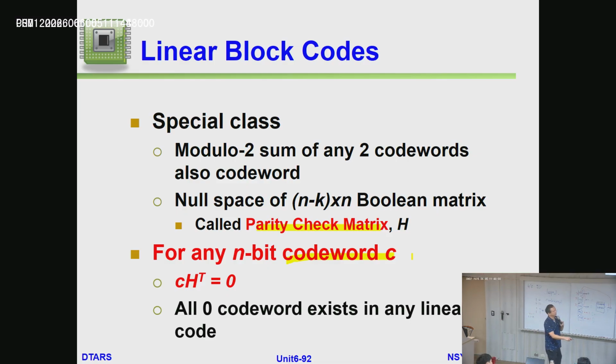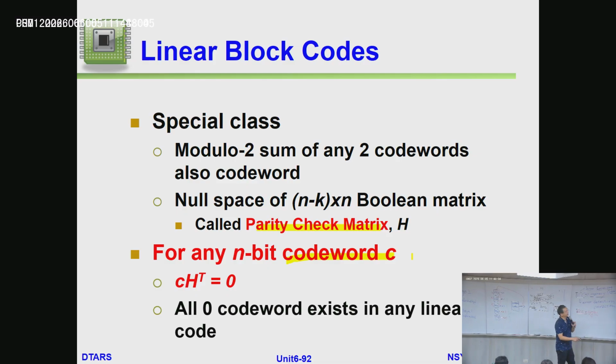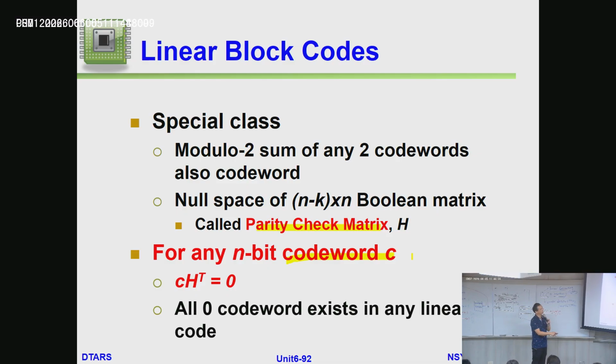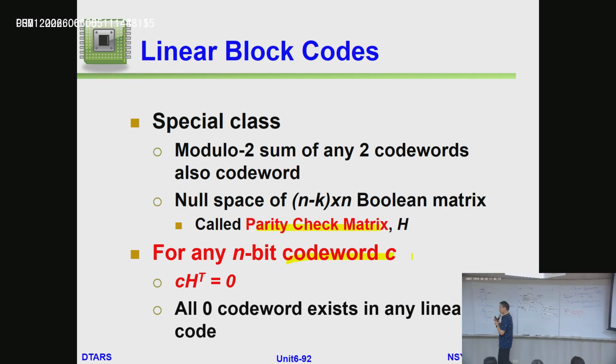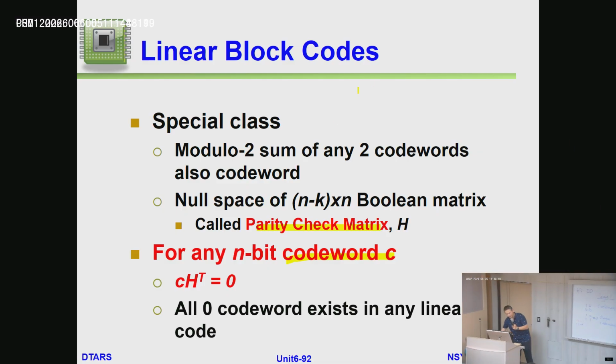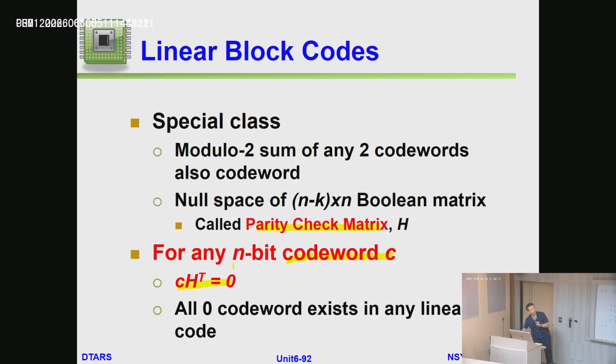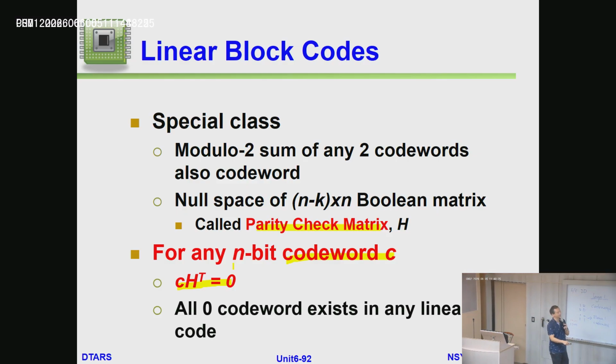If this information is correct, then it is a code word. Then when we multiply this code word with this parity check matrix, the result must be 0. So this is what we use to check if the output has an error or not. Just keep this in mind. Don't worry, later I will give you an example to show how we can use that.